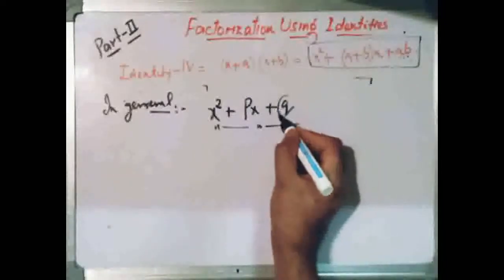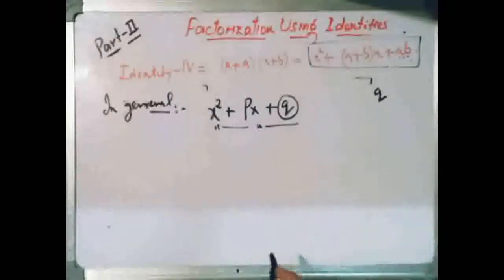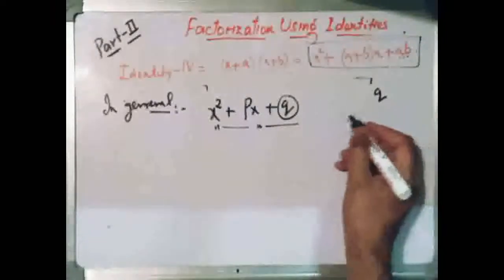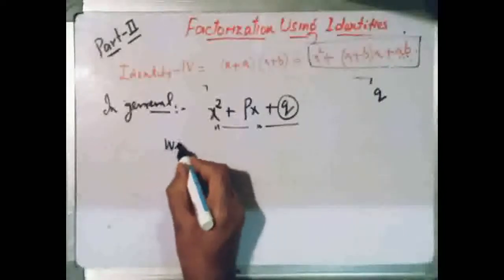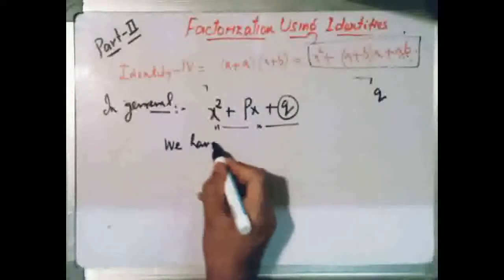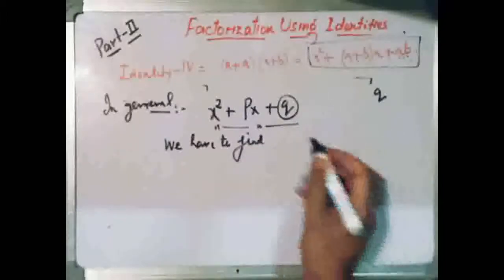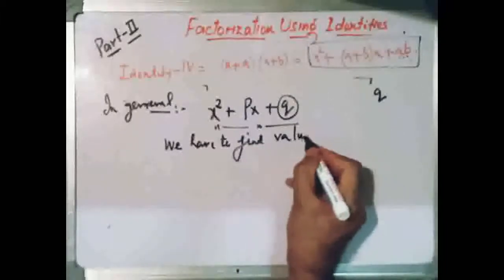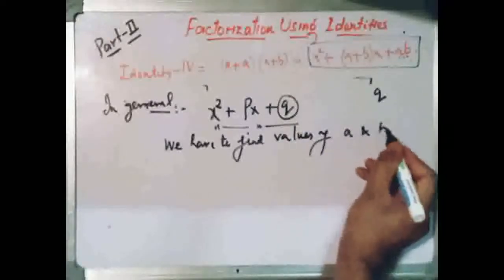First find the constant, that's q. Then you have to find the values of a and b. What are a and b?